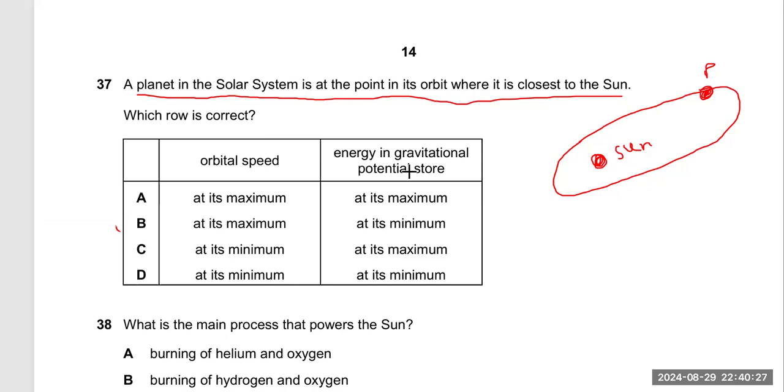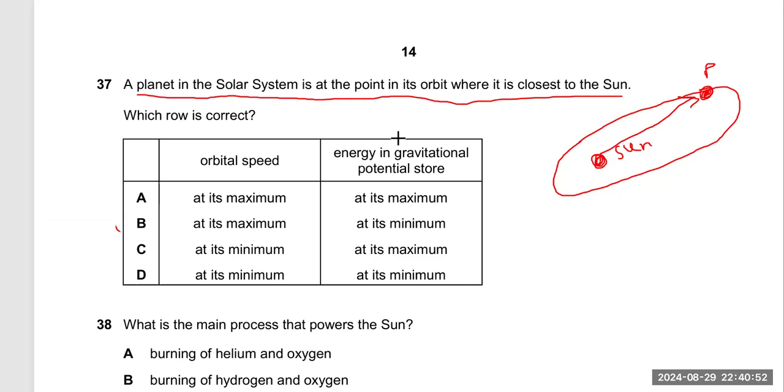If you understand the last chapter of space physics, when the planet is far away from the sun, just like here, at that point its potential energy is maximum, and kinetic energy will be lower. It means it is moving with slow speed.